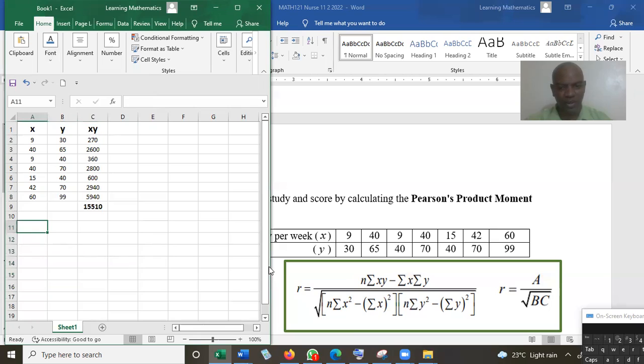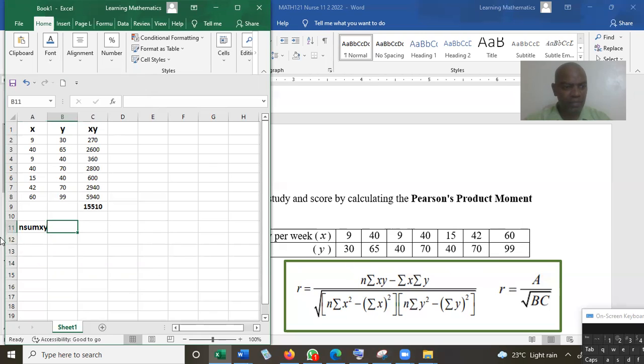So the first number is n times the sum of xy. Okay, so we have found the sum of xy. What we need to do is multiply it by n. N is the number of pairs, 1, 2, 3, 4, 5, 6, 7.